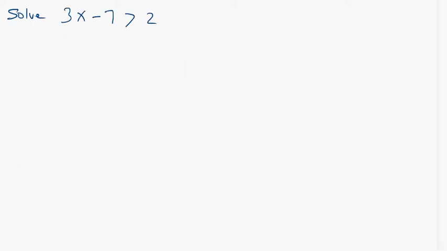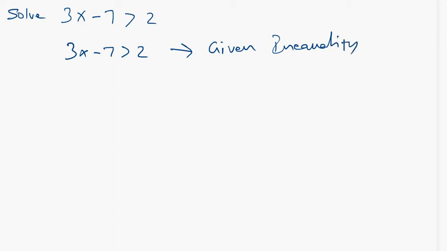Now let us solve this inequality using the properties we just discussed. 3x minus 7 is greater than 2. This is the given inequality. Adding positive 7 to both sides.